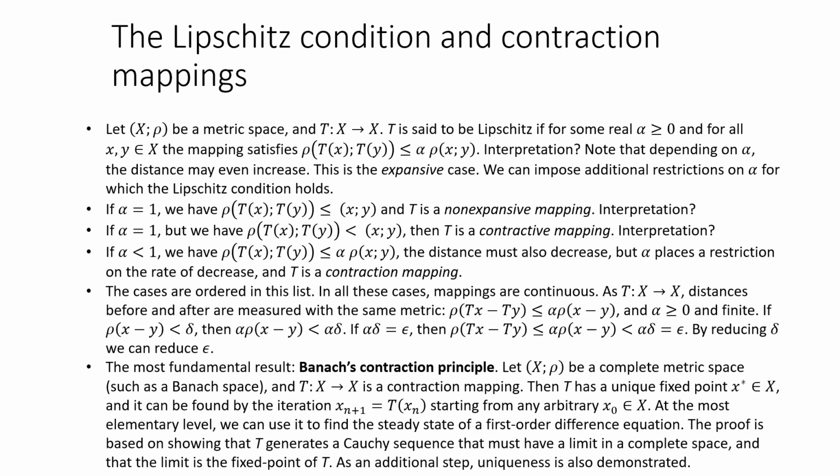So this is a very beneficial, very good property of mappings. This is the reason why we want to have contraction mappings, because by placing restrictions on alpha, we can, in a way, determine the rate of the decrease of the distance between the points in successive steps.